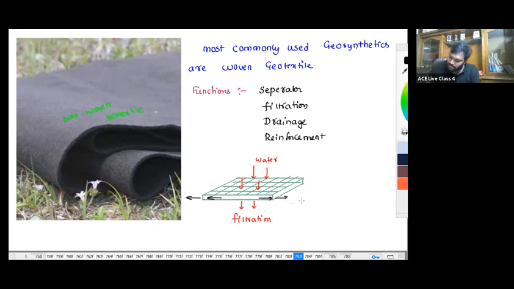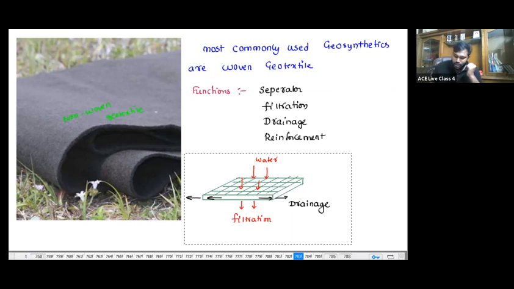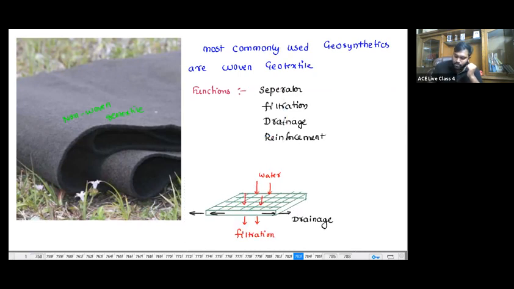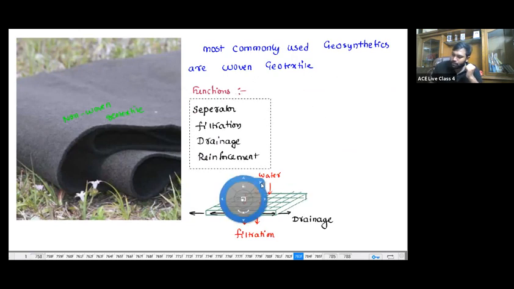This is nothing but a drainage. So please observe the geotextile behaves like both a separator and a filter. Yes or no? And in the case of the separator and filter, the geotextile must consist of permeability in both the directions.